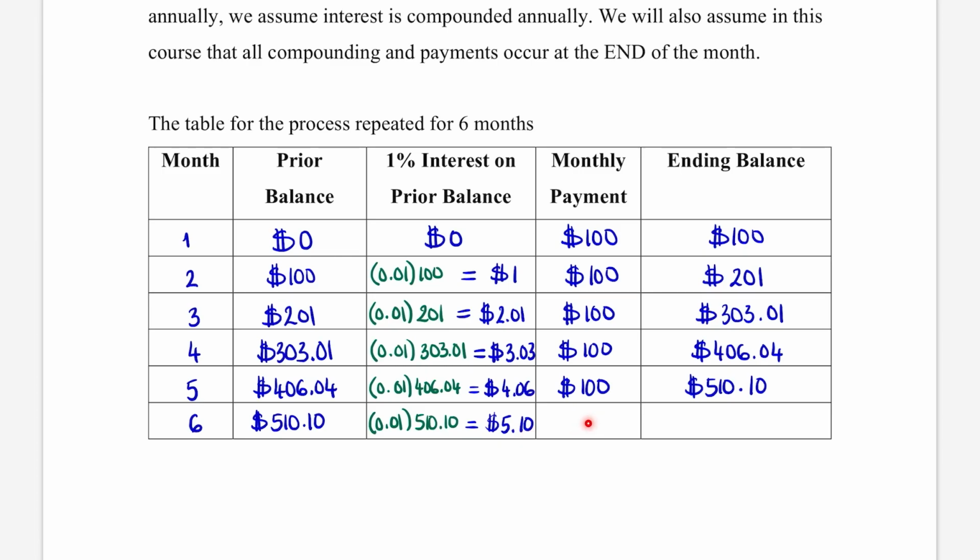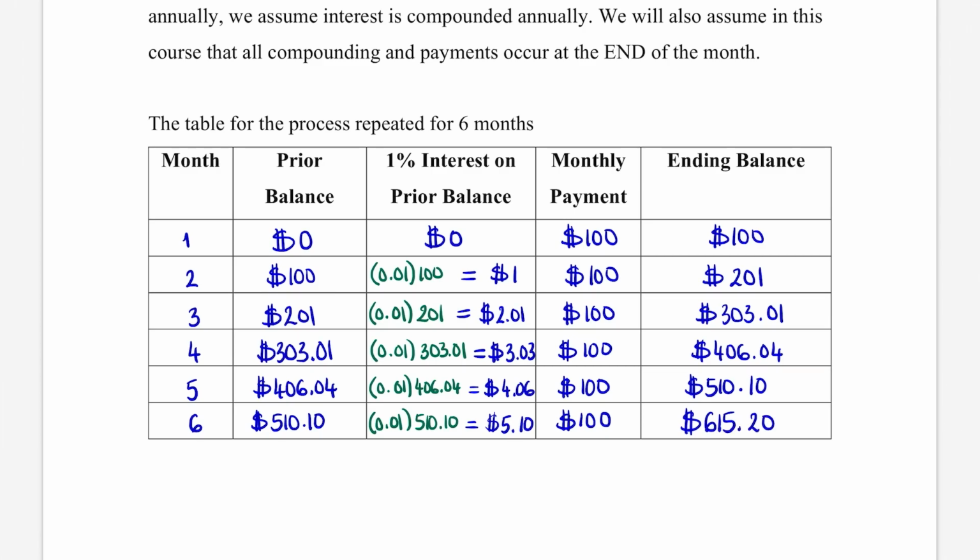At the end of the 6th month, I'll contribute another $100. After I contributed my $100 in the account, I have 510.10 plus $5.10 plus $100, which is $615.20.